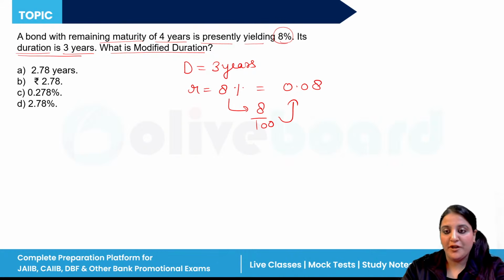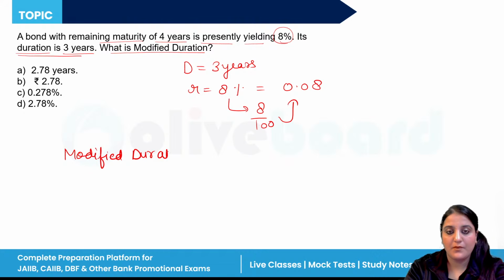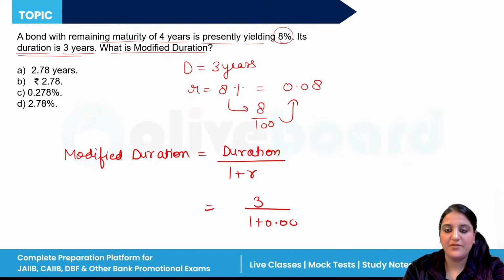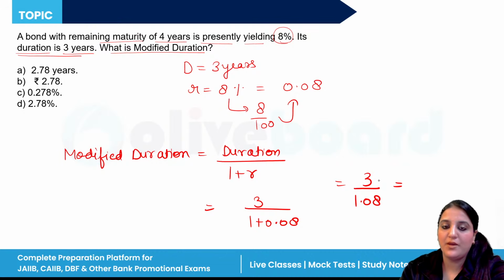Then what is the formula for modified duration? It is equal to duration divided by 1 plus r. So how much duration is there? 3 divided by 1 plus 0.08, which is equal to 3 by 1.08, that is equal to 2.78%.